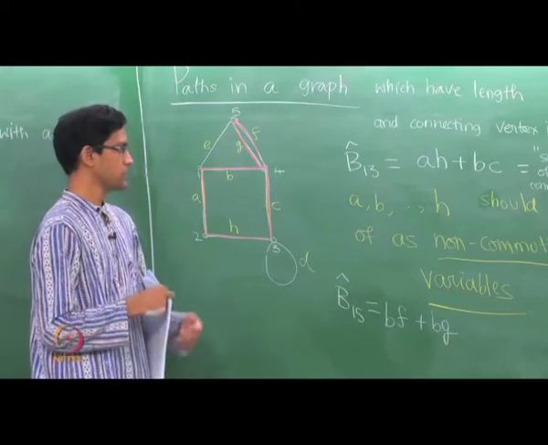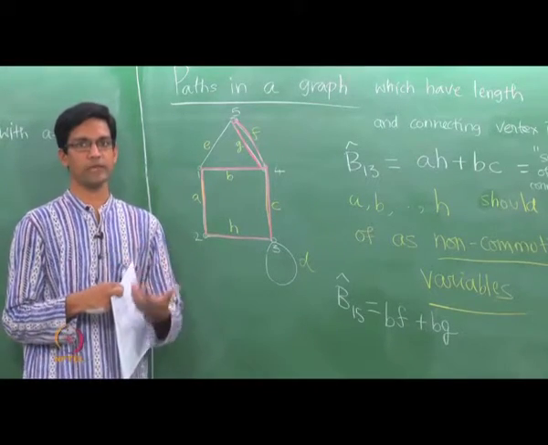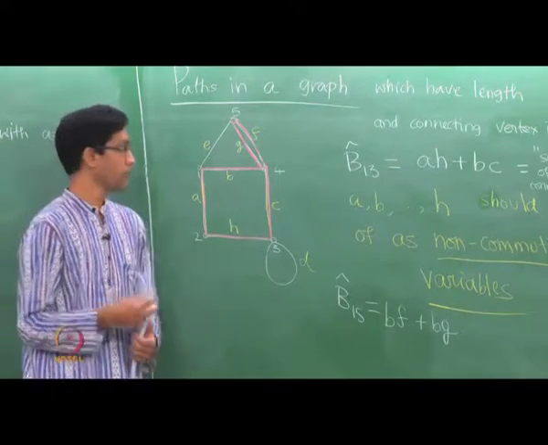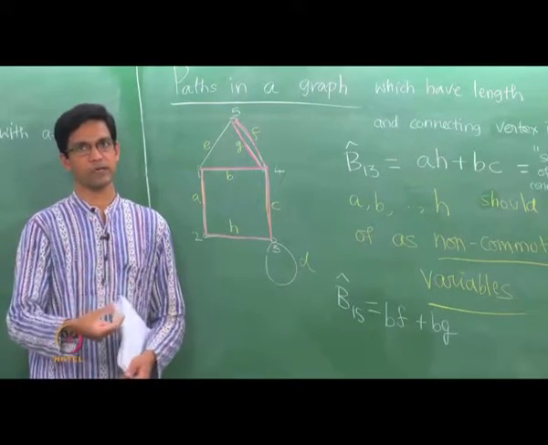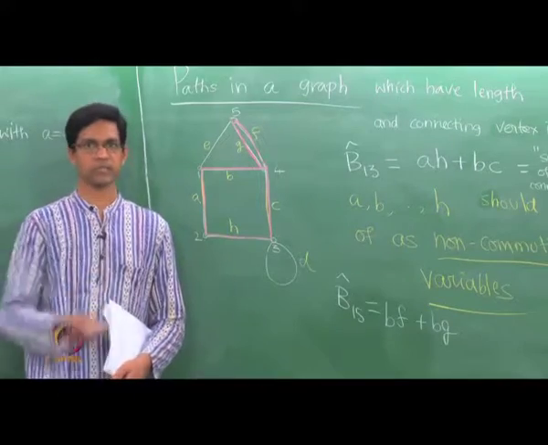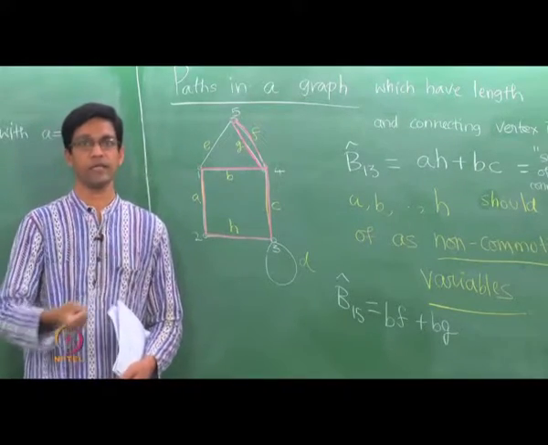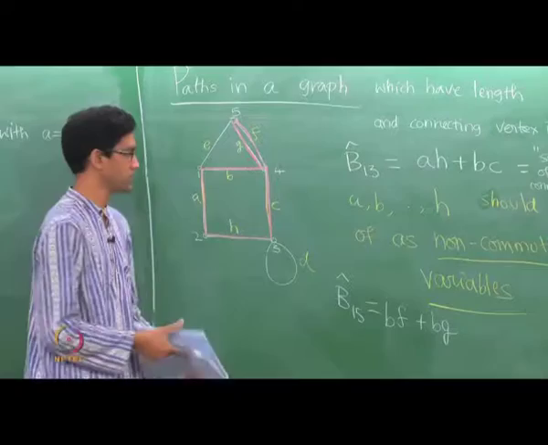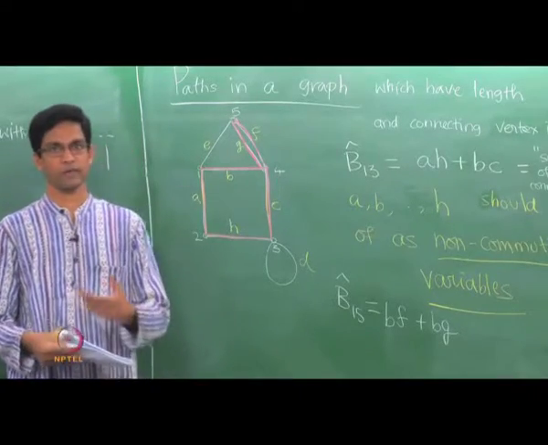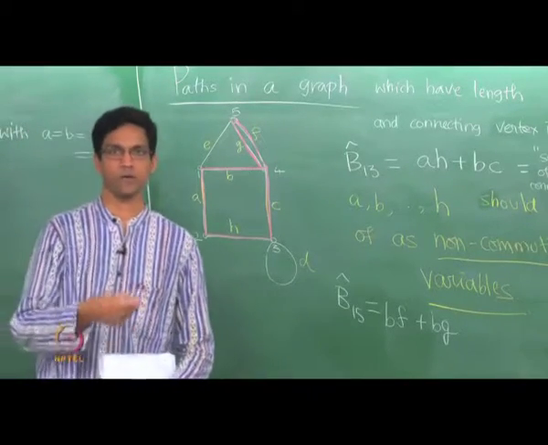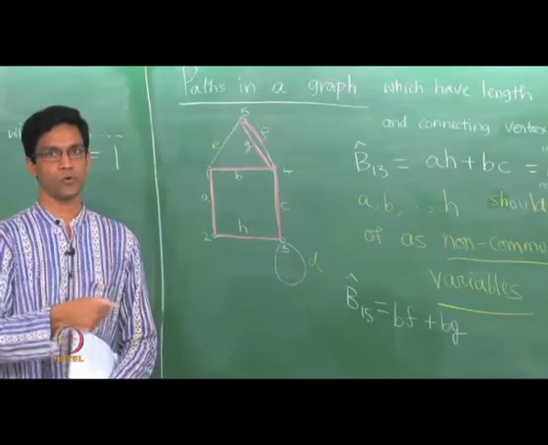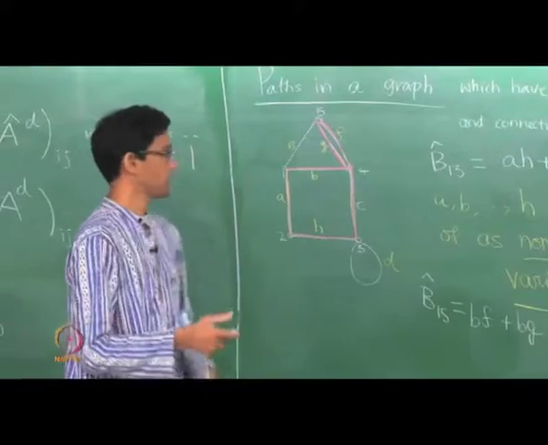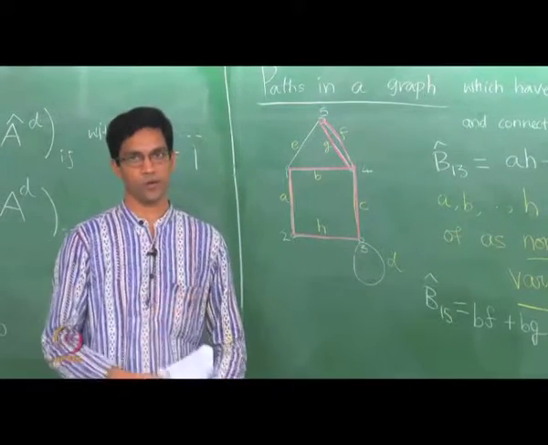The other thing is the use of these variables, the labels A, B, C, D, and their non-commuting nature to very accurately capture the actual path labels themselves, connecting any start vertex with an end vertex. Okay, so again I've left several things here for you to check. All of them are easy verifications, but it's something that you should certainly do yourself in order to get a very good understanding of what is going on here. Okay.